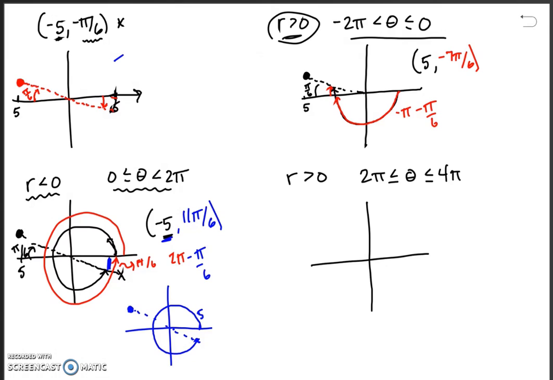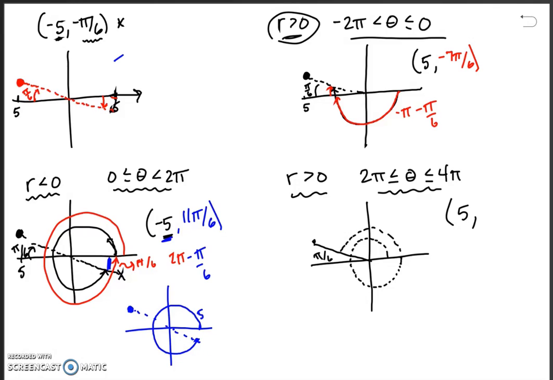Finally, we've got one here where we want to have a positive r, so my r is positive 5, and my rotation is between 2 pi and 4 pi. So I want to end up here with a rotation that goes in the counterclockwise direction because it's positive, all the way a complete rotation of 2 pi, and then back over to where I want to be. And remember, where I want to be was pi over 6 off of that negative x-axis.